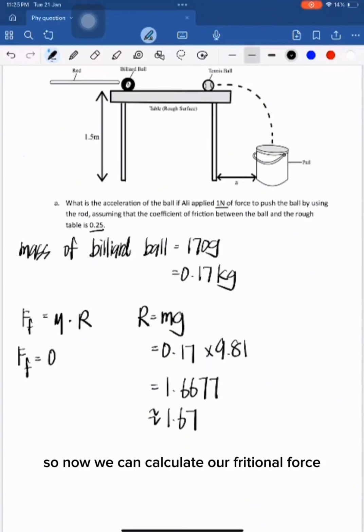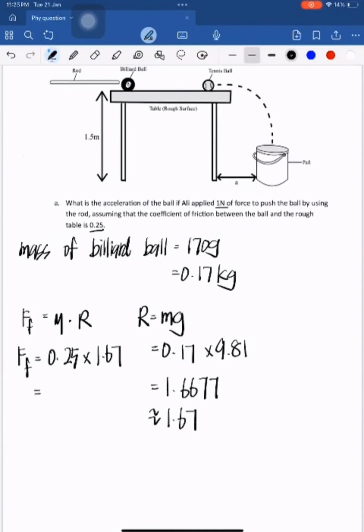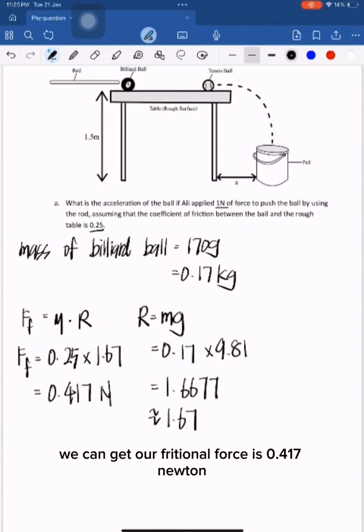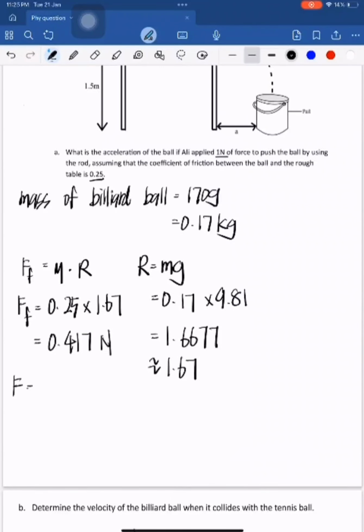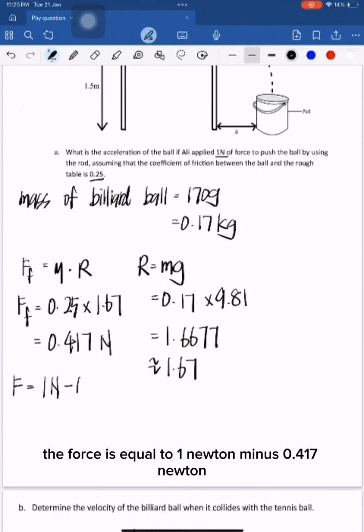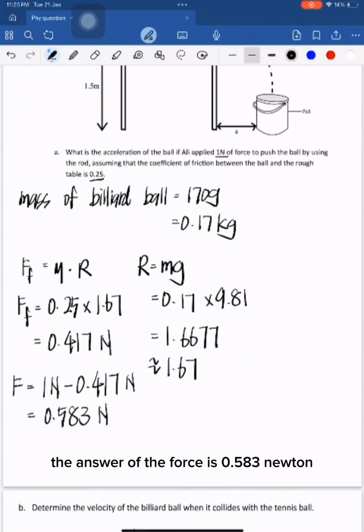So now we can calculate our frictional force by multiplying 0.25 with 1.67. We get our frictional force is 0.417 Newton. The net force is equal to 1 Newton minus 0.417 Newton. The answer for the net force is 0.583 Newton. We know that force equals ma, so ma also equals 0.583 Newton.